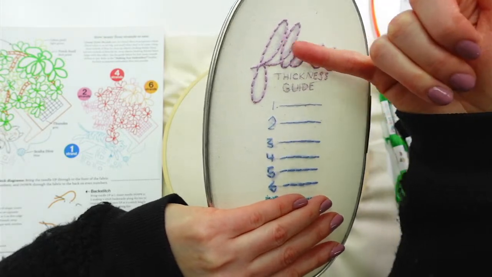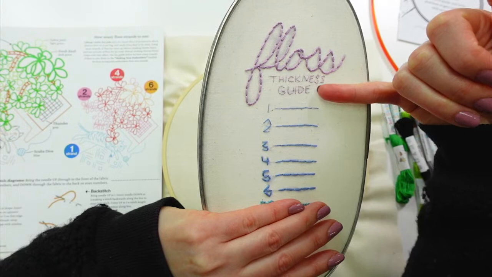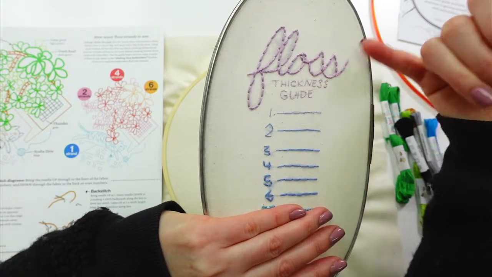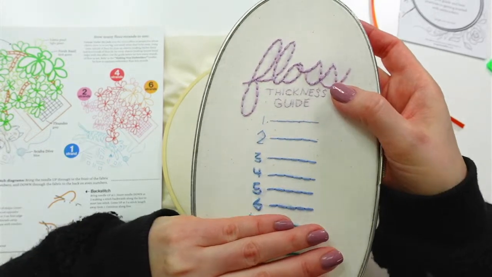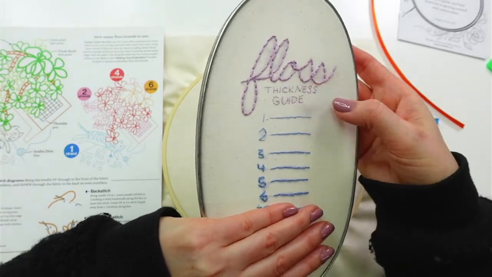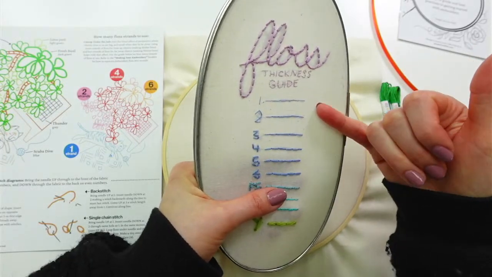You can see it here too. The floss here is 6 strands, and the thickness guide text is just 1 strand. So you really get a sense of how different numbers of strands look, and then we have everything in between, right? 2 through 5.